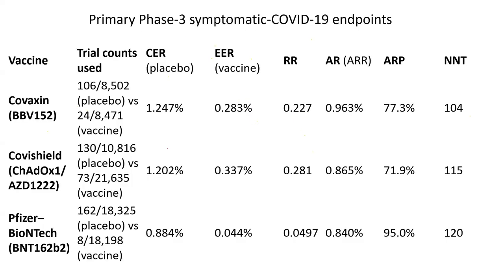And then I'm just trying to compare the different types of vaccines, and you also have to see that though you see the relative risk, the protection offered is best for Pfizer, the number needed to treat still is much higher for the Pfizer vaccine.